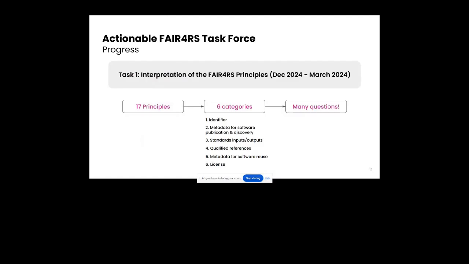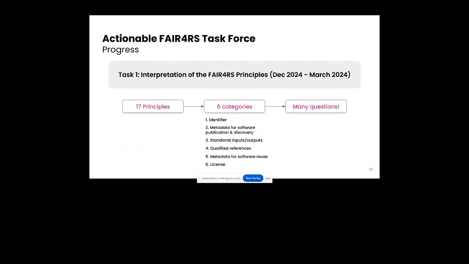The first fun thing we did is we studied the 17 principles in depth and managed to categorize them across 6 categories of requirements, which include identifier, metadata for software publication and discovery, standard inputs and outputs, qualified reference, metadata for software reuse, and license.